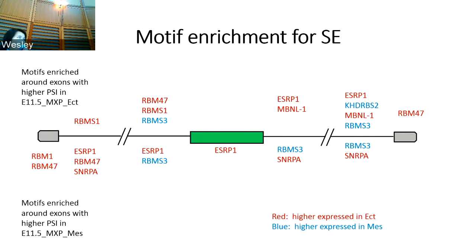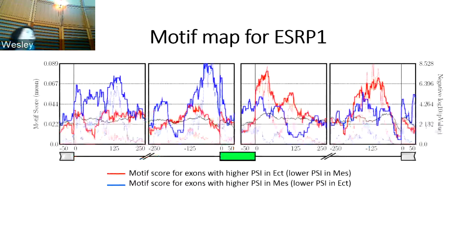I mapped the motifs to these regions. Here is a typical skipped exon, with the upstream exon or downstream exon, which is always included. Clearly in all these regions there is a lot of enrichment for different kinds of intron binding proteins. Let's look at a more detailed view, taking ESRP1 as an example.